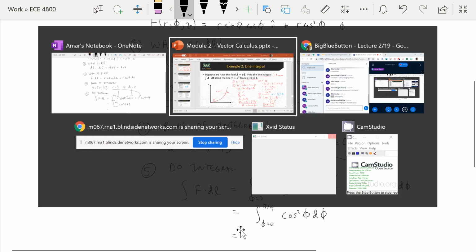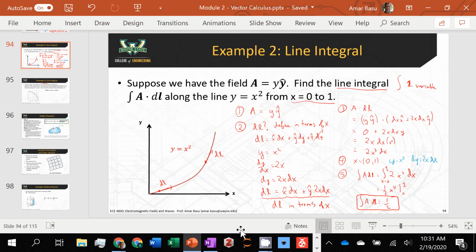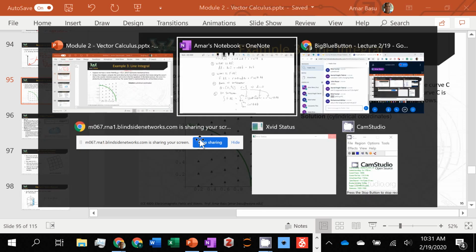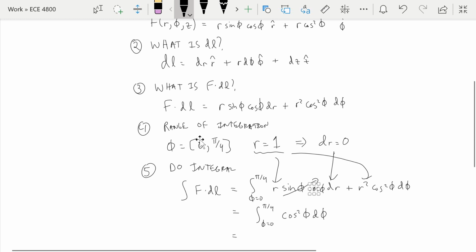Our range of integration should actually be from 0 to pi over 2. So we're going 90 degrees, so it's pi over 2. Let me fix that here. Pi over 2.